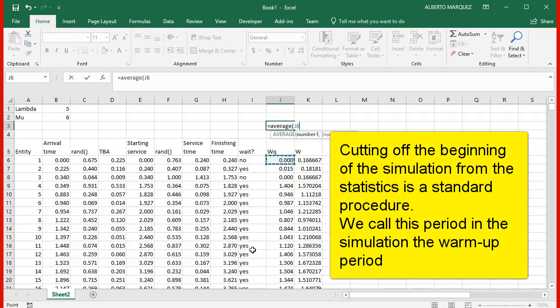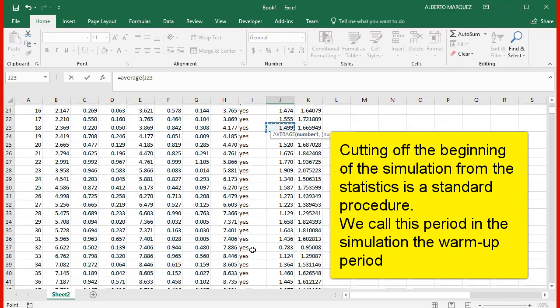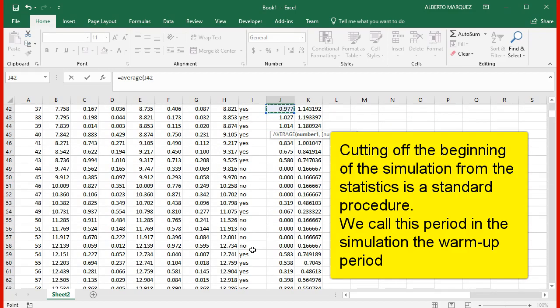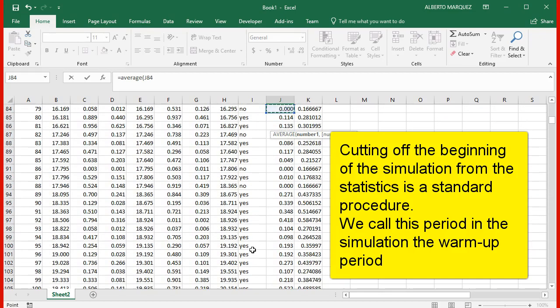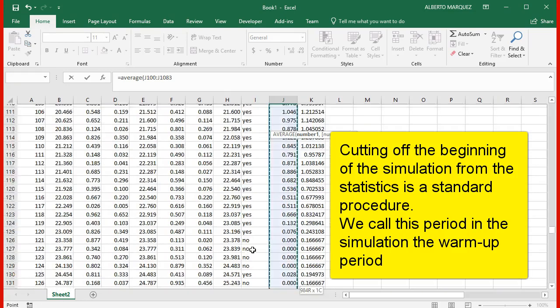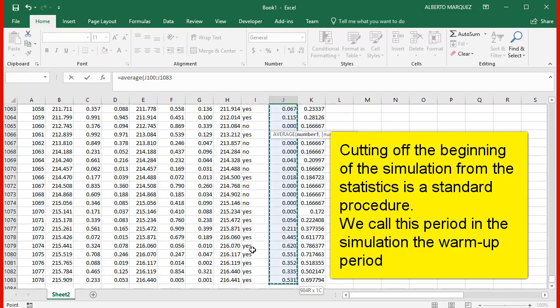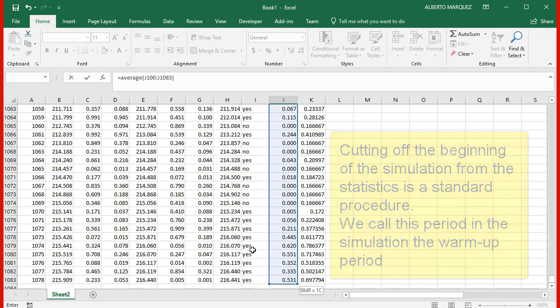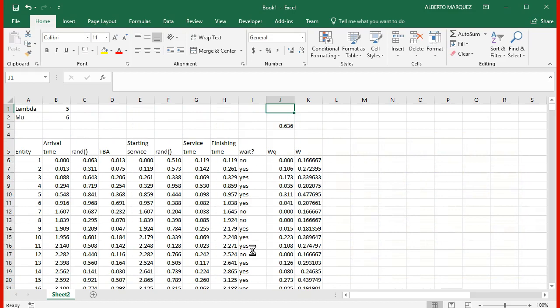But let's not compute the first 100, because at the beginning we know there was 0, and that could influence the outcome, make it biased towards a lower number. So we can compute the average, say, from a few numbers down, and we can compute the waiting time in line.